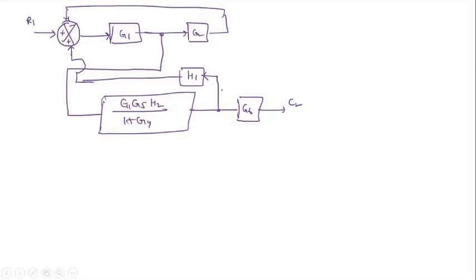Now what is the next step? Here, what are the cascaded things that should be there? Those things we need to see right now.